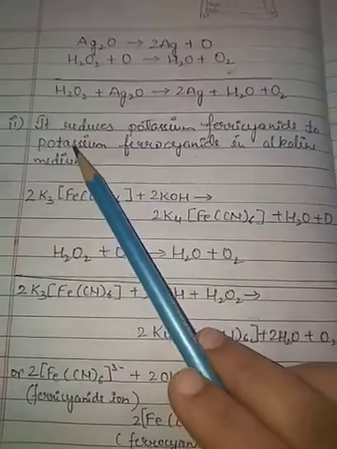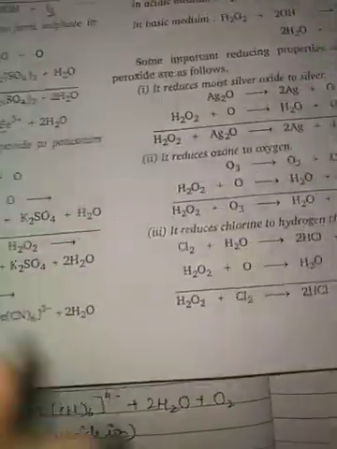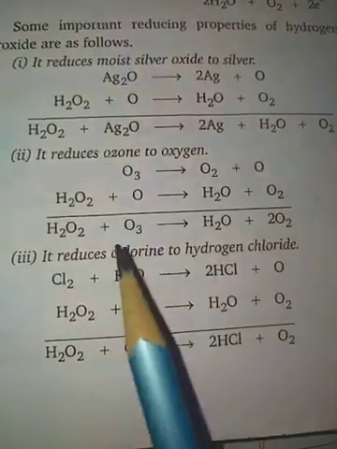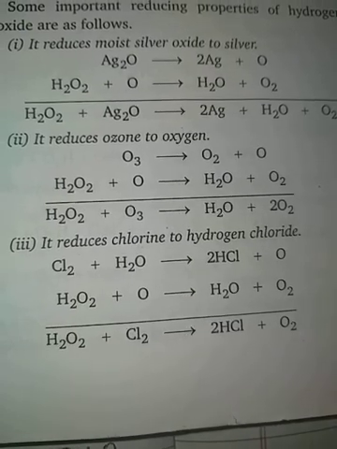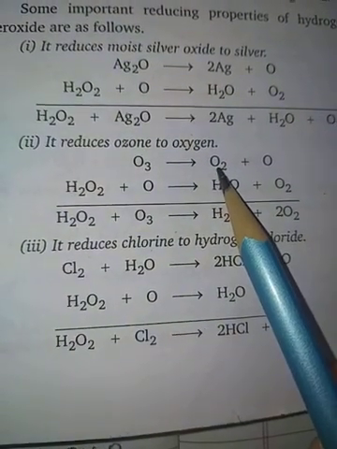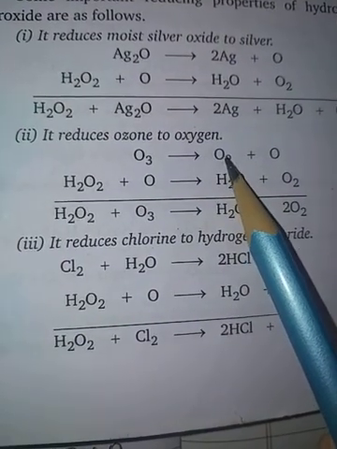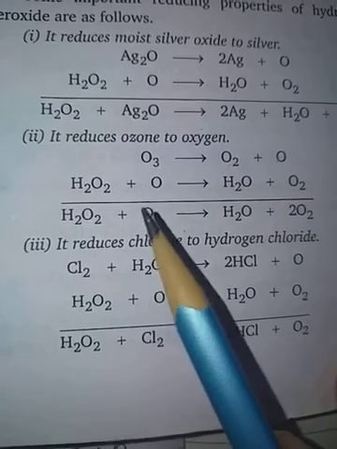Now the second one, we will study from the book itself. Here it reduces ozone to oxygen. Ozone is O3, and O3 will change into O2 plus O. How will it happen?